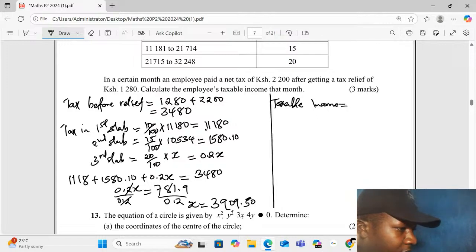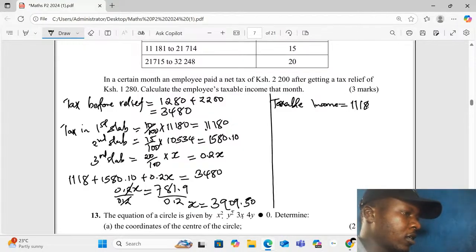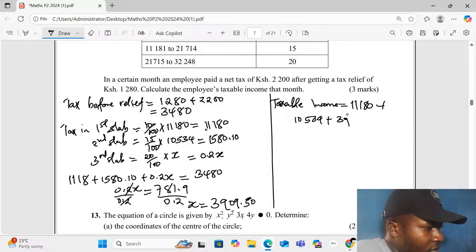11,180 plus, now we have 10,534 plus, now what we have as our x is 3909.50.